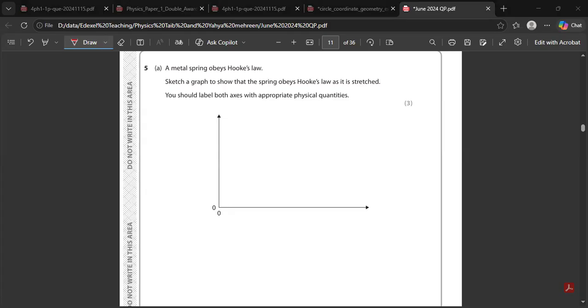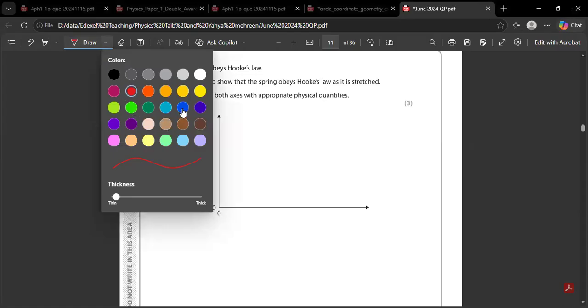On the y-axis, we can take the force, and on the x-axis, we can take the extension. The extension is directly proportional to the weight added. Yes, Marine, what do you think? It's going to be a straight diagonal line. Excellent. And it should start from the origin.